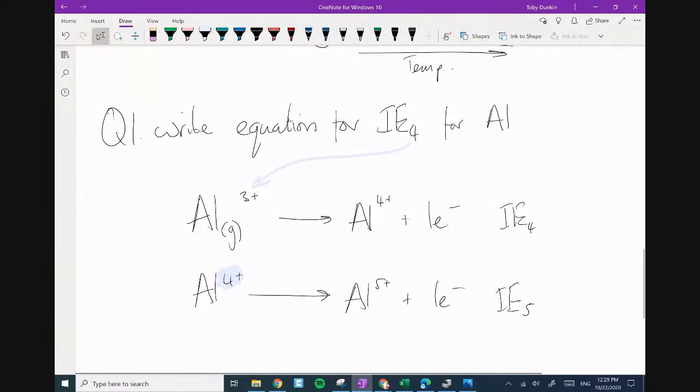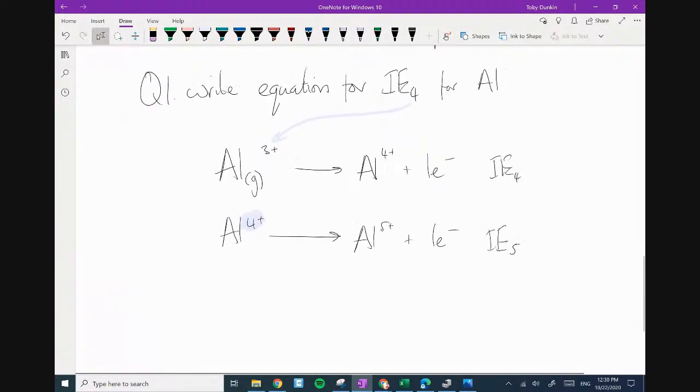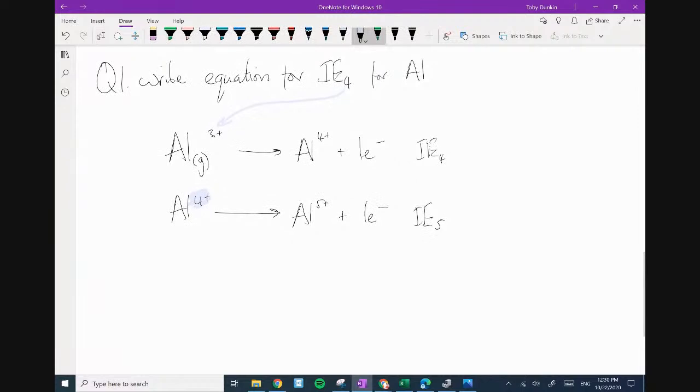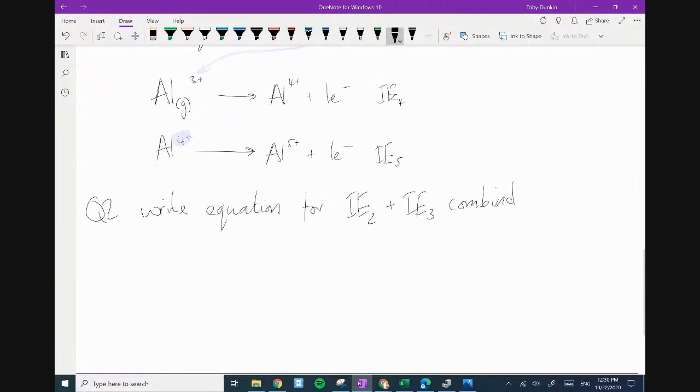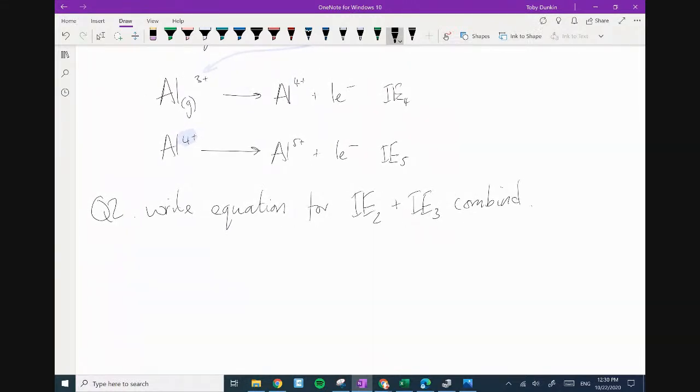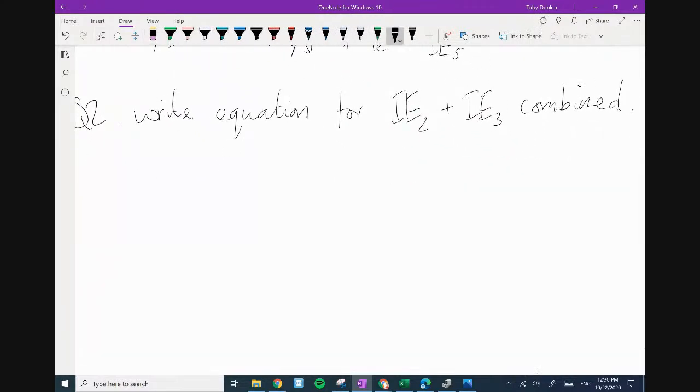You can even combine these, of course. So you can do another one. Question number 2. Write the equation for IE2 and IE3 combined. Let's do sodium.